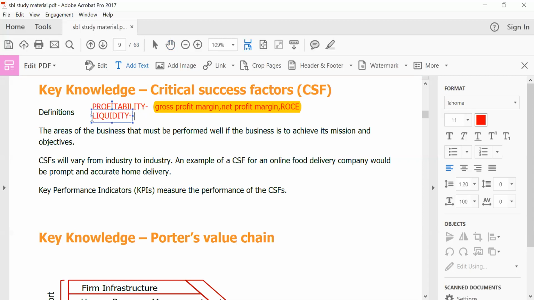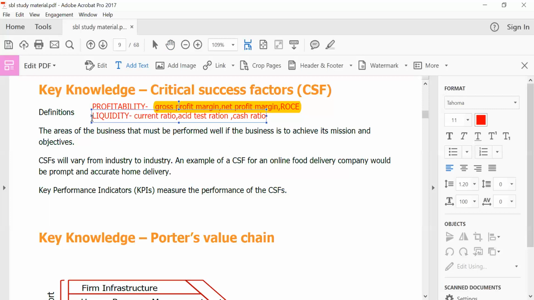And its key performance indicator can be, let's say, a current ratio. So if I calculate the current ratio and it is above 1, that shows that I am being successful. It can also be an acid test ratio, or a cash ratio. All these are performance indicators which show that I'm really doing well.